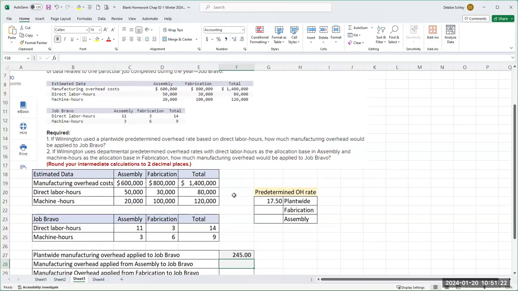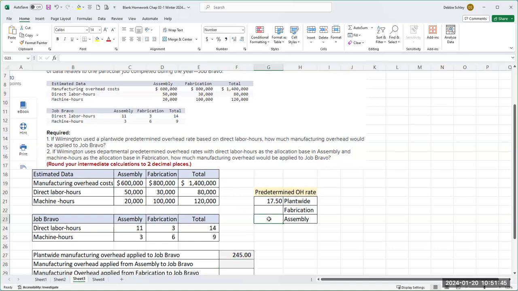Okay, so now we're going to figure out fabrication and assembly predetermined overhead rates, and assembly uses direct labor hours as the allocation base, and fabrication uses machine hours as the allocation base. So I'm going to show you how to do that.